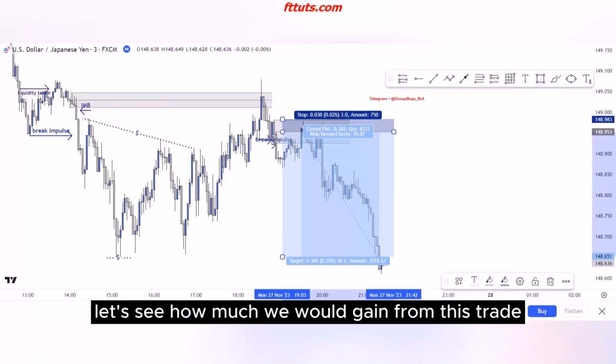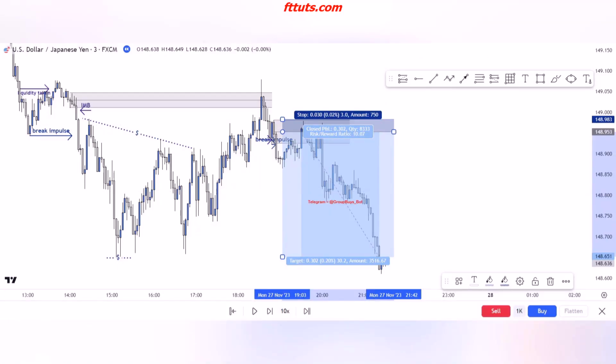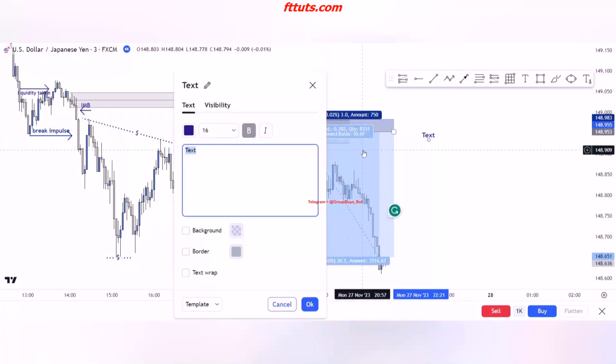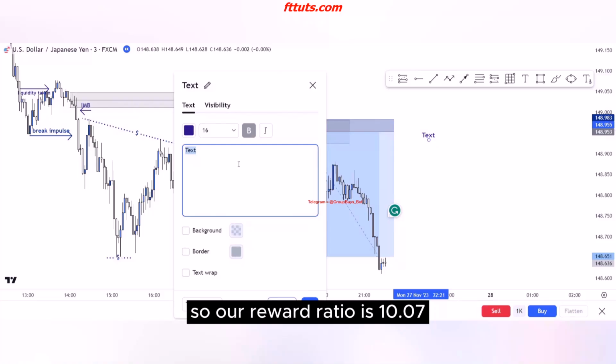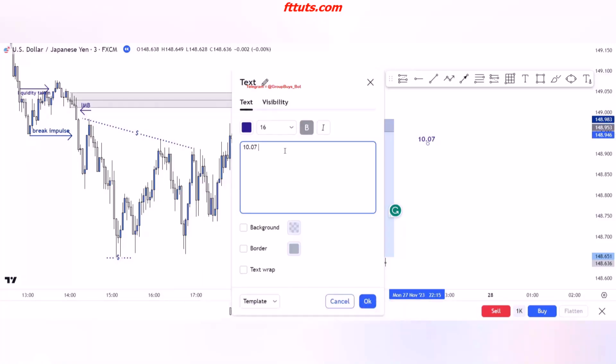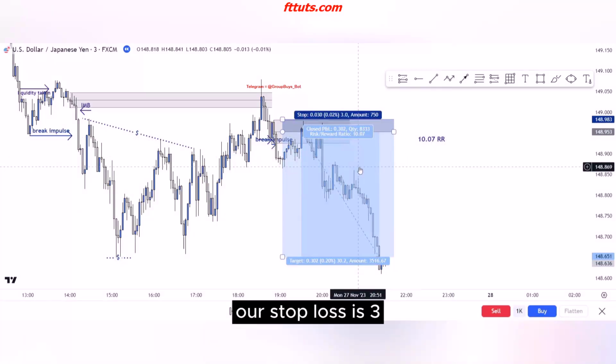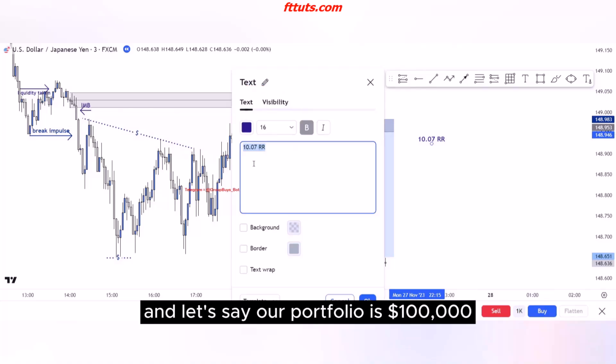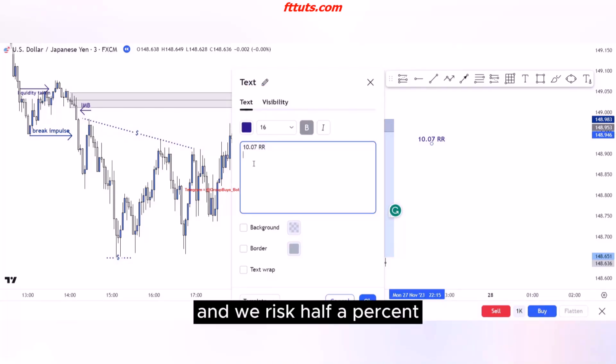Let's see how much we would gain from this trade. So our reward ratio is 10.07. Our stop loss is 3, and let's say our portfolio is $100,000, and we risk 0.5%.